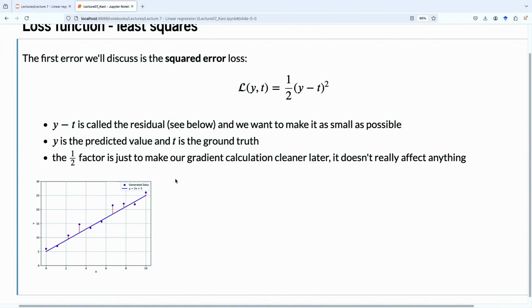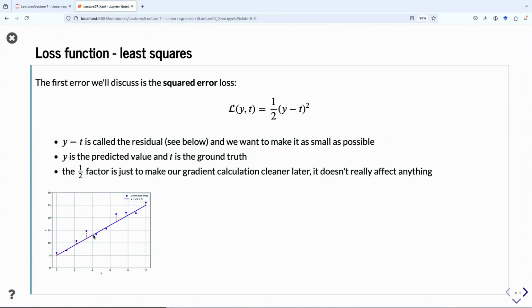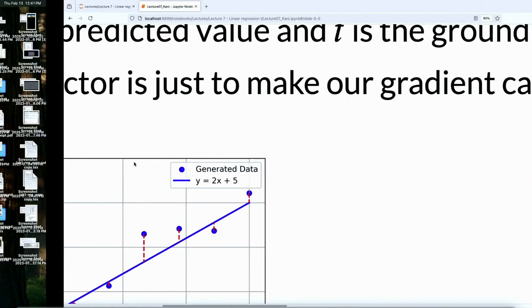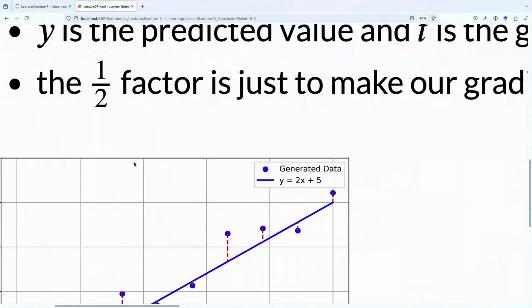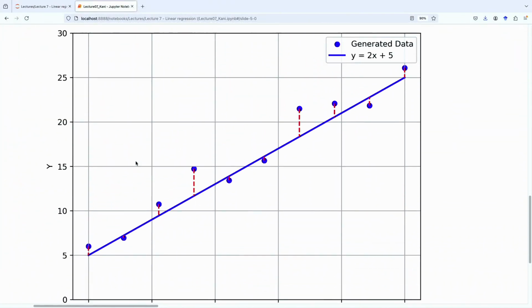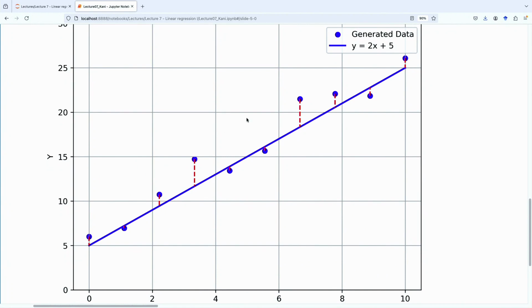So we have our data in blue dots, and we have our line guess. We have some guess that we input. We'll start with a random slope and a random bias.